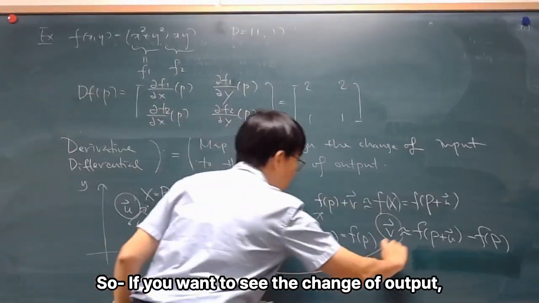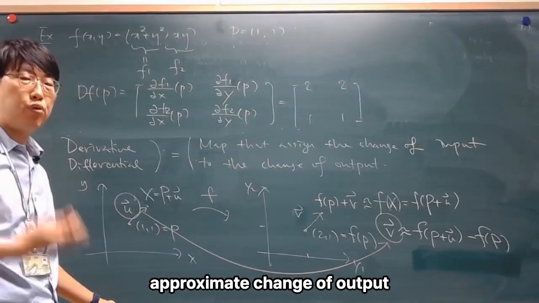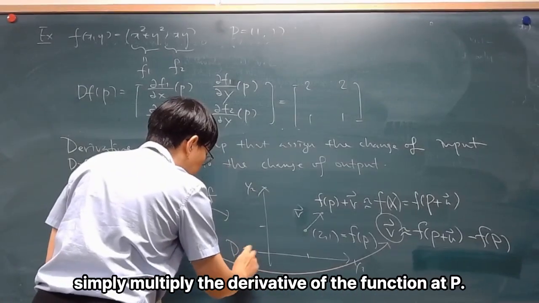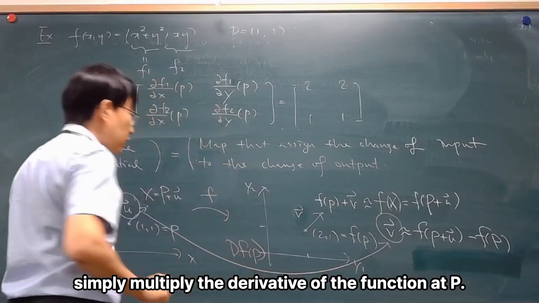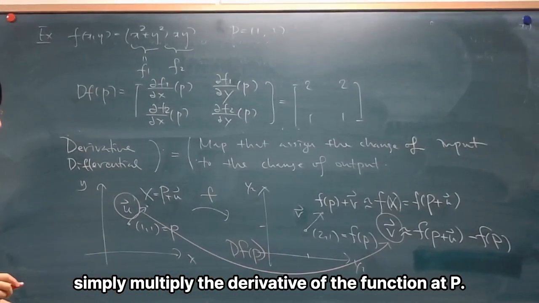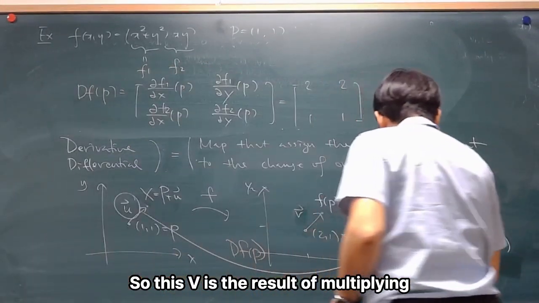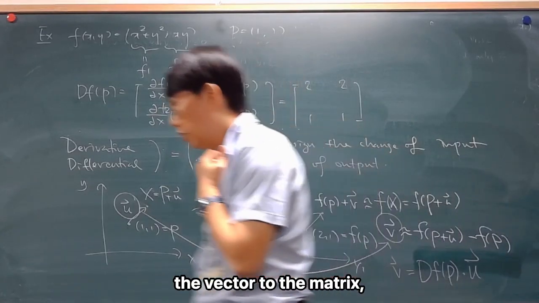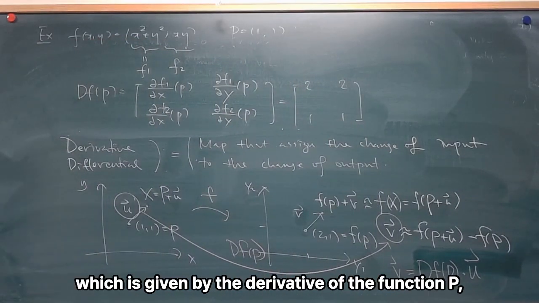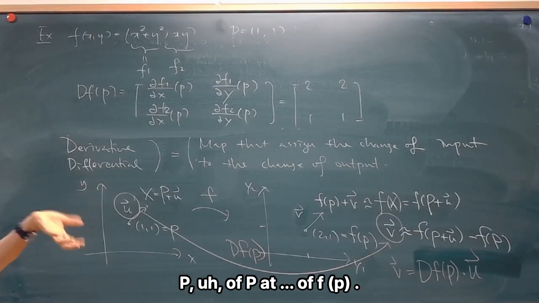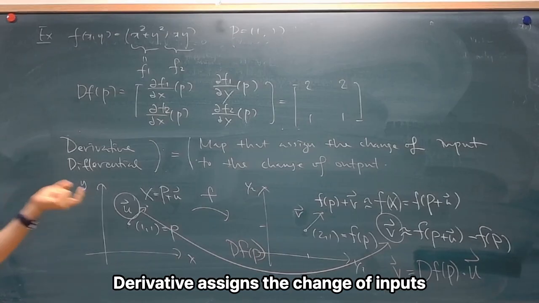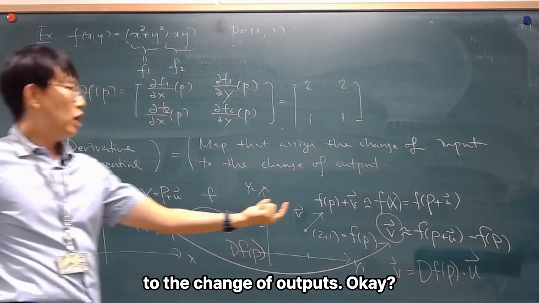If you want to see the approximate change of output, which is given by vector v, simply multiply by the derivative of the function at p. So this v is the result of multiplying the vector by the matrix, which is given by the derivative of f at p. So that's the meaning of the derivative.